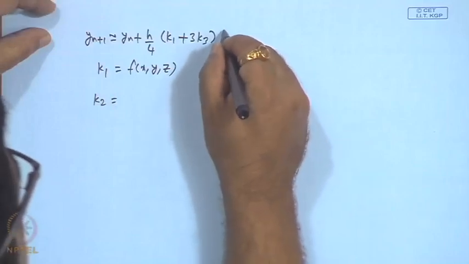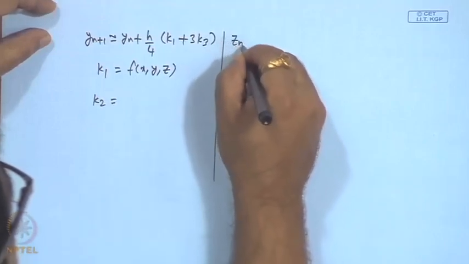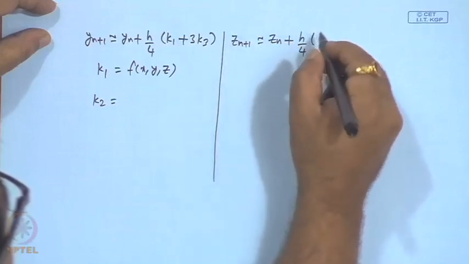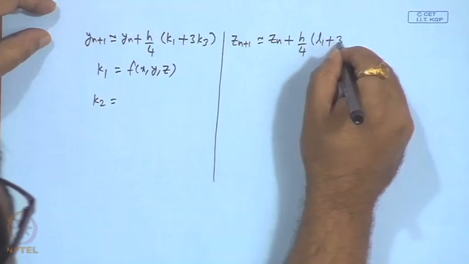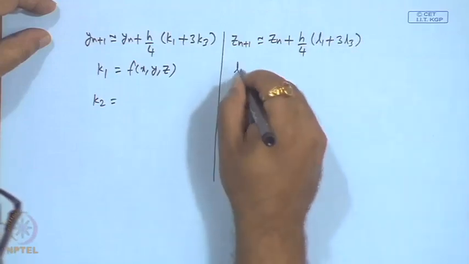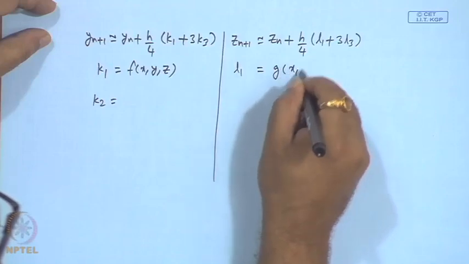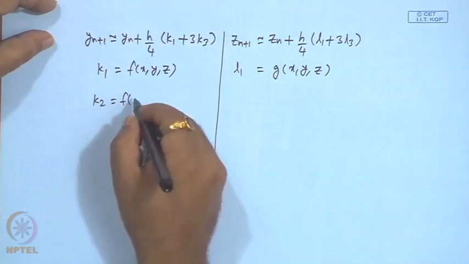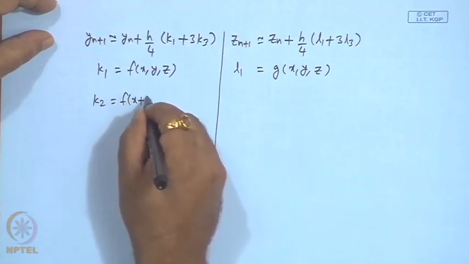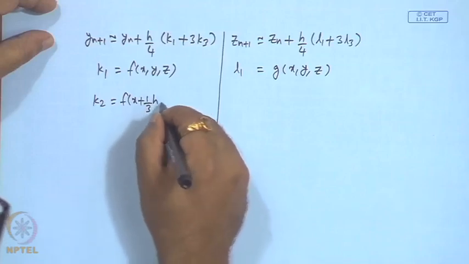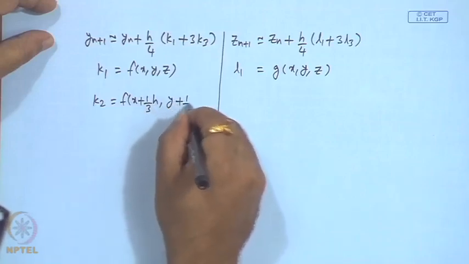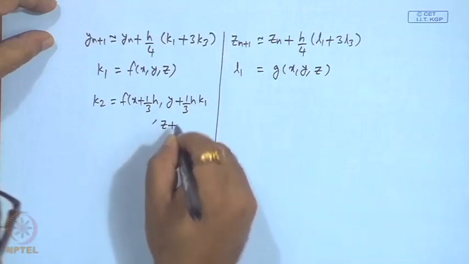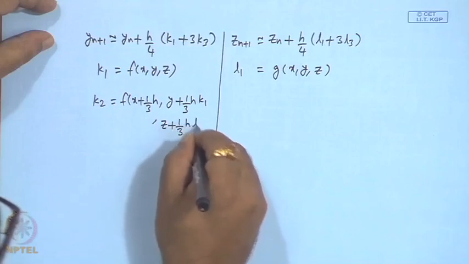So, before we write for z, z n plus h by 4, some other notation, and L 1 is g of x y z, and k 2 is f of x plus 1 by 3 h, y plus 1 by 3 h k 1 and z plus 1 by 3 h L 1.